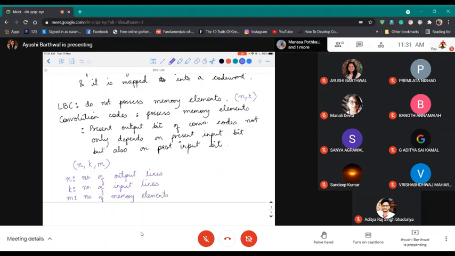So in convolutional codes, we use memory elements which store our past input bits.